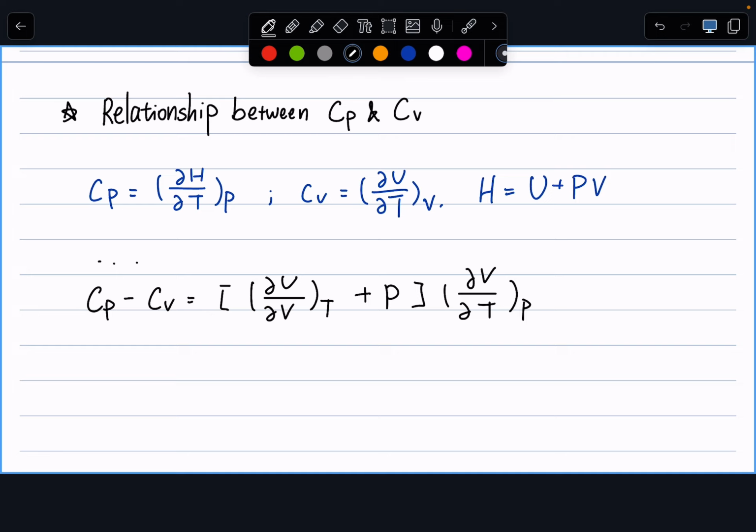So why do we care about this relationship? Again, the whole point of thermodynamics is we do experiments to get the relationship between, say, your internal energy with respect to temperature, pressure, volume, etc. But ideally, we want to do as little experiment as possible, right?